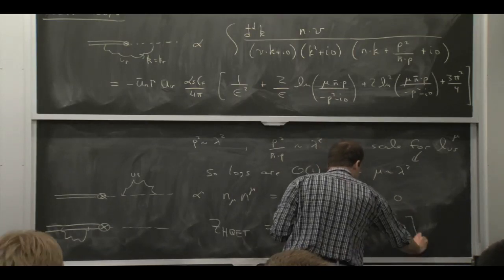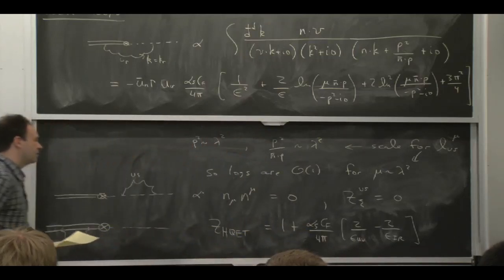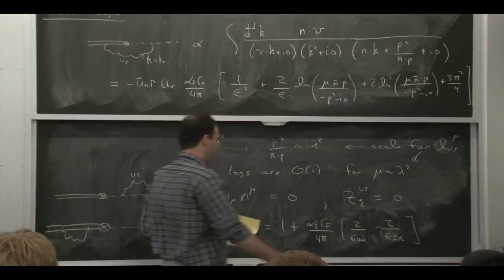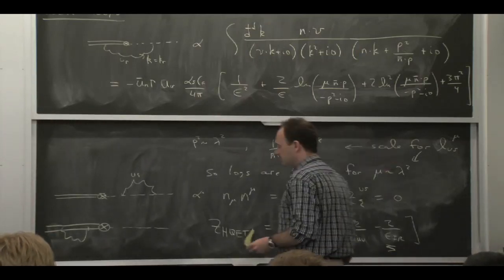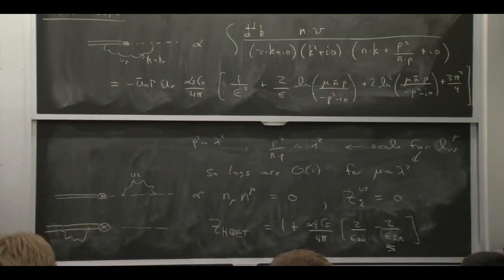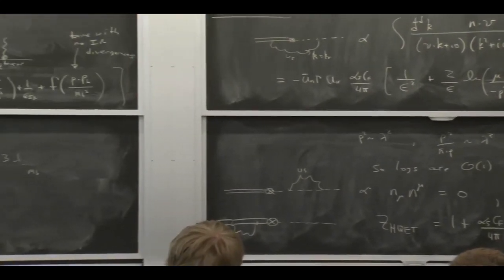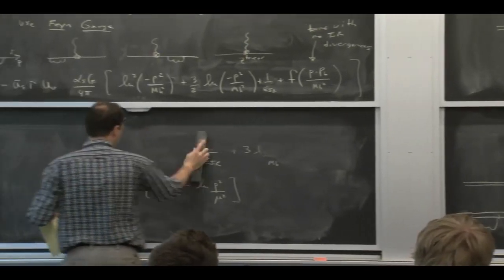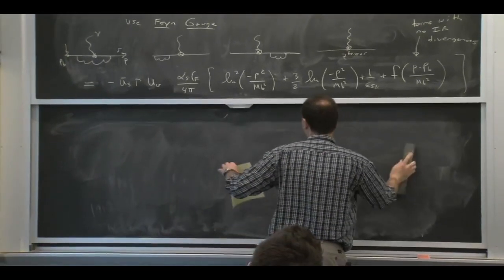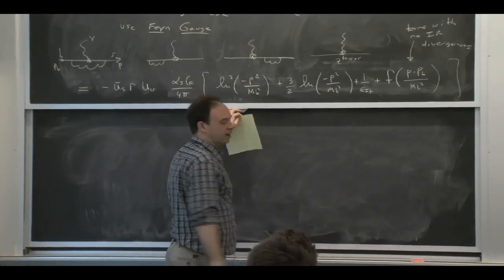If I specify ultraviolet and infrared divergences, that's this. And this infrared divergence here is actually exactly the same as the one that we had over here. OK, so the ultrasoft sector is really just, there's nothing really tricky about it. It's just write down the diagrams, do the loops.